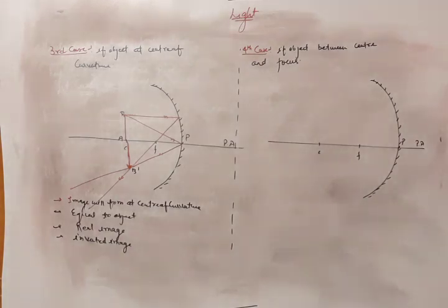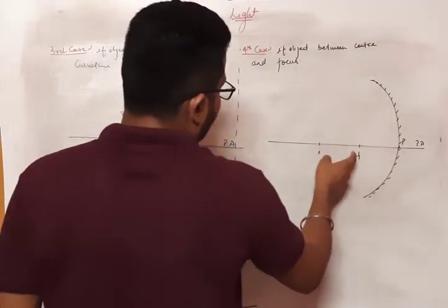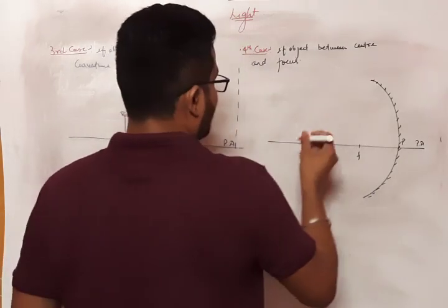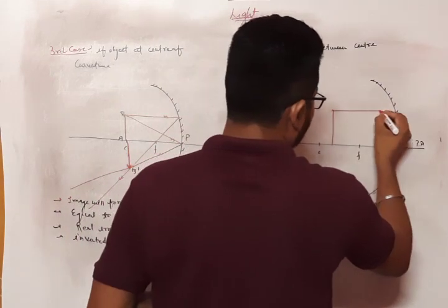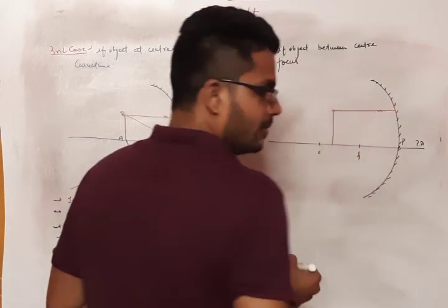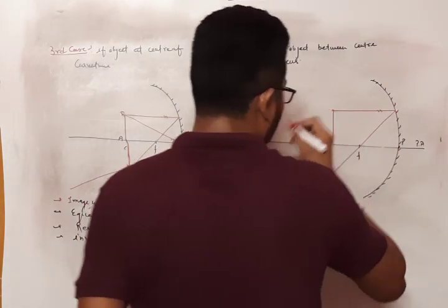Okay beta, so next, if the object is between the center and focus, like if the object is like this one, so one ray will go like this. Okay beta, and it will come like this.